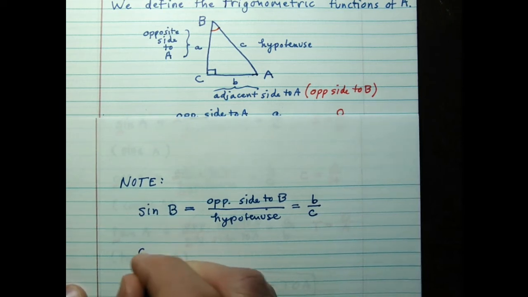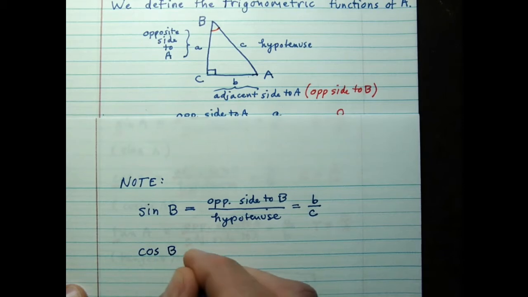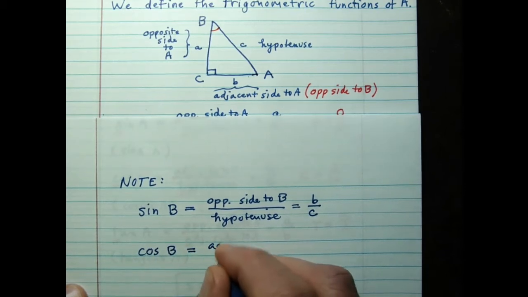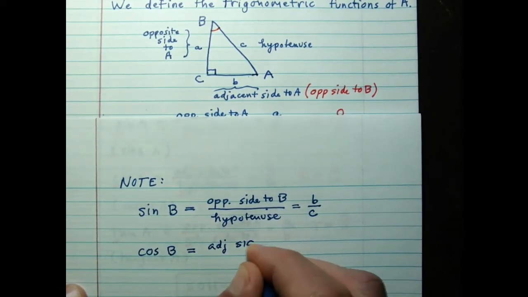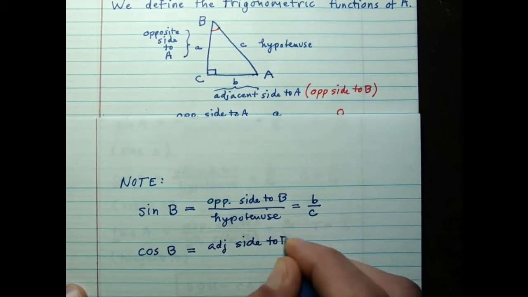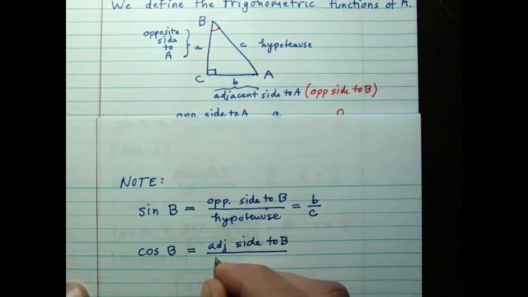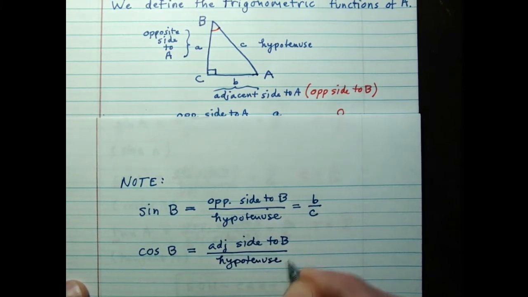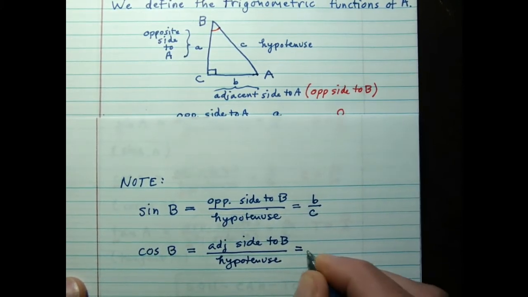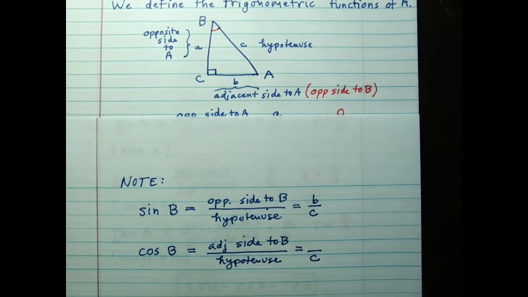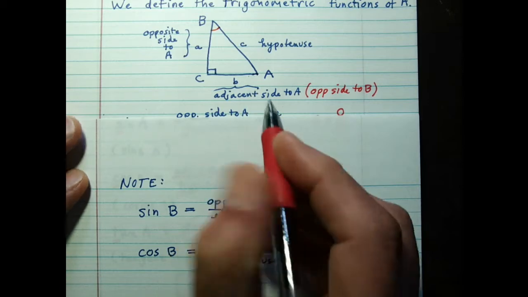And let's see, cosine of B is going to be the adjacent side to B over the hypotenuse. So the hypotenuse is always the same for A or B. It's always going to be just c. But this adjacent opposite business flips, right?